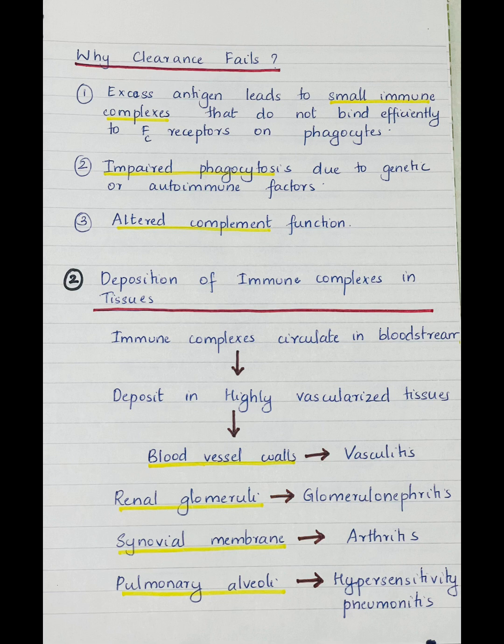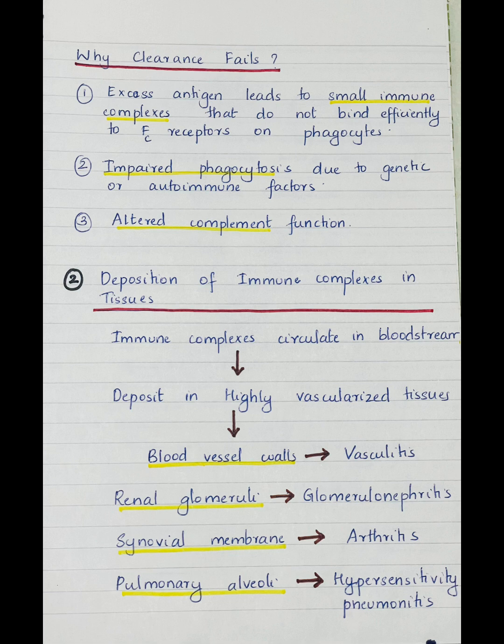So if the complexes are not properly cleared, these small and intermediate sized immune complexes can circulate in the bloodstream and get deposited in highly vascularized tissues. If the immune complex gets deposited in the blood vessel wall, it can cause vasculitis. If the deposition occurs in the renal glomeruli, it can result in glomerulonephritis.